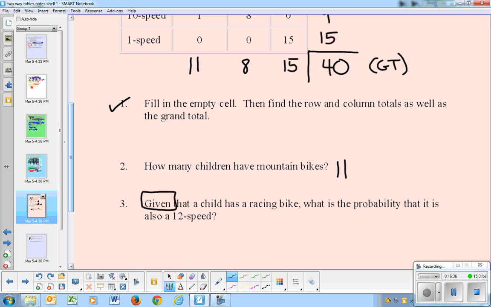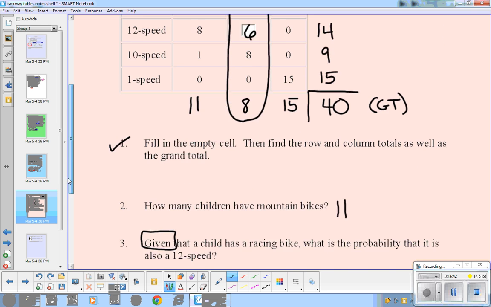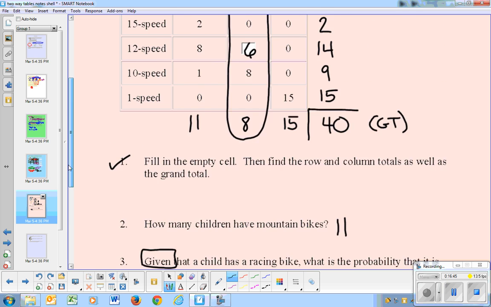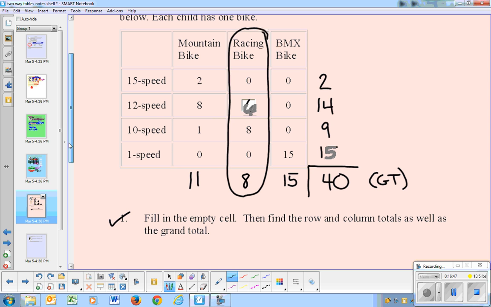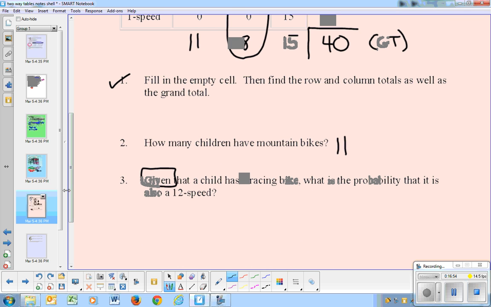Given that a child has a racing bike, what is the probability that it's also a 12-speed? Well, the 12-speed racing bikes, there's 6 of them. Out of how many? 8. Okay, so 6 out of 8 are 75%, and it was a conditional probability. We're only looking within the group of racing bikes.